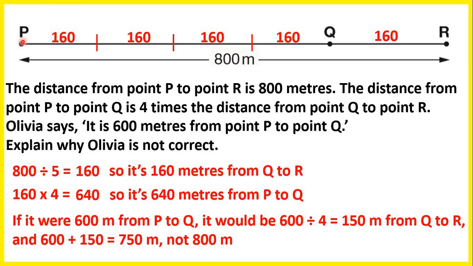So if the distance from P to Q was 600, we would divide by 4 to get the distance between each of our jumps, and that would be 150. But if all of these jumps were 150, that would make 750, and we're told that the distance from point P to R is 800 meters, not 750.